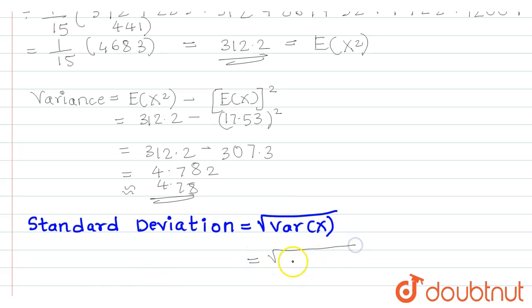So root of, what is variance of x? 4.78. So if I calculate root of 4.78, it is 2.186, which is approximately equal to 2.19. Yes. So we have got all the values. The standard deviation is 2.19.